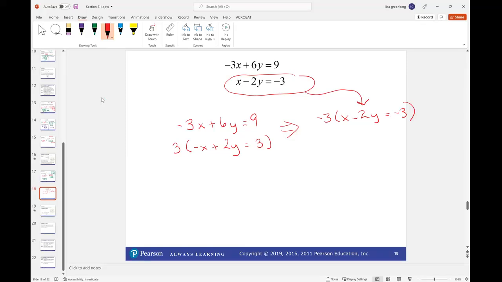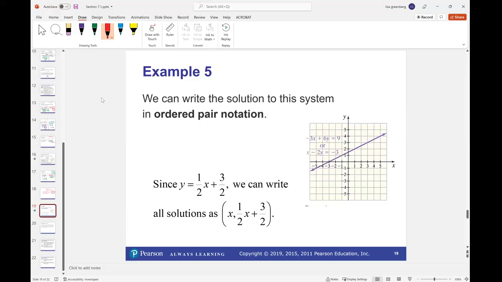So we started with the top and we ended with everything being divisible by 3. So I can say here X minus 2y equals -3, which is exactly the same as where I started. So we just showed that they're exactly the same line, and how it would be graphed is like this.